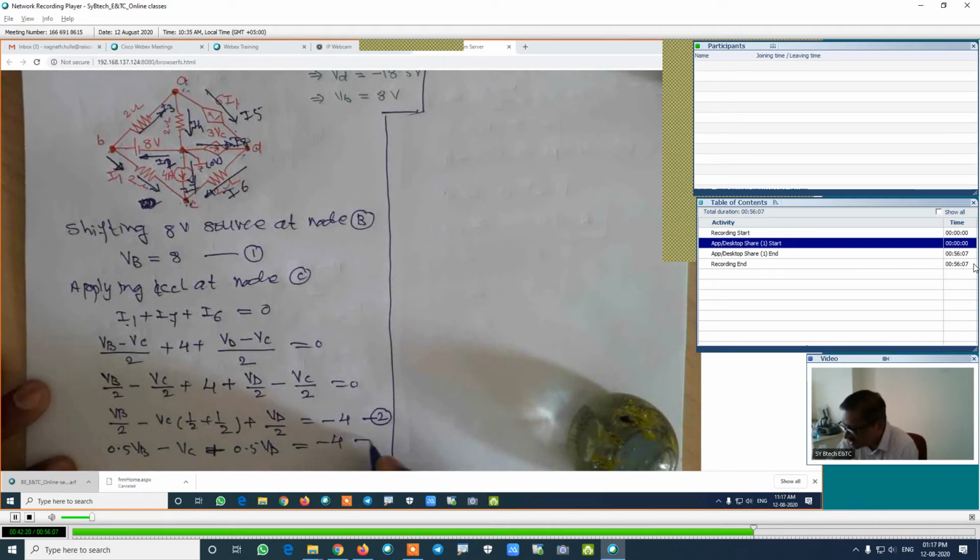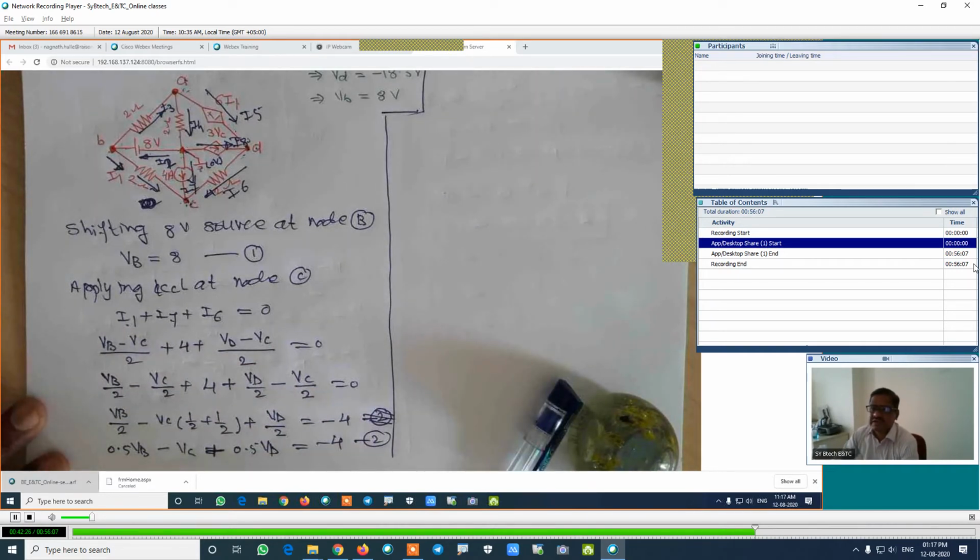This is equation number 2. Now check the equation number 2. Anyone? Avinash, Saurabh, Akash, yes. Unmute yourself. Correct.